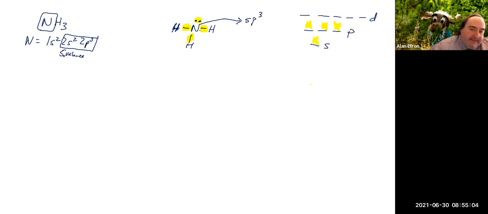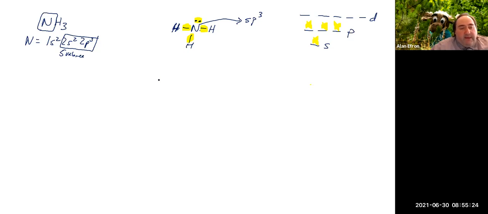So what is happening in this particular case? Let's talk about what we see here, because it's a little bit different than what we've been talking about. Up until this point, we've been talking about things that have all bonds, but here we do have some non-bonding electrons. So how does this work?